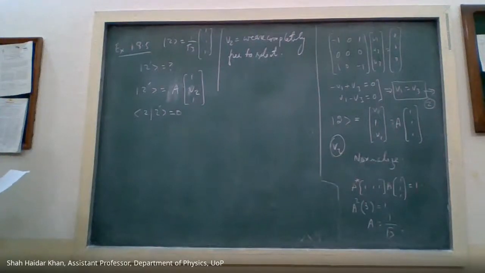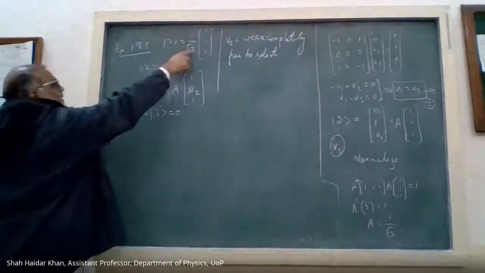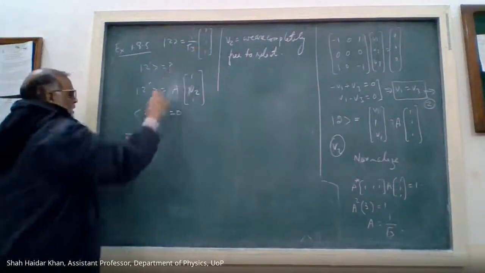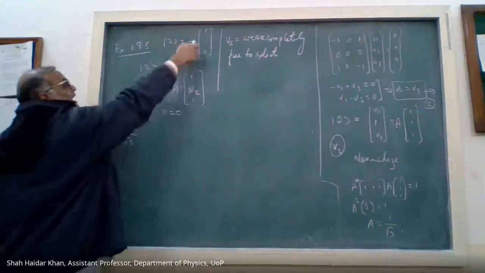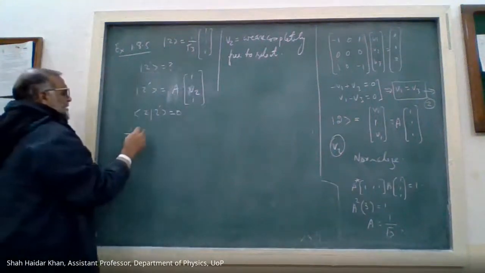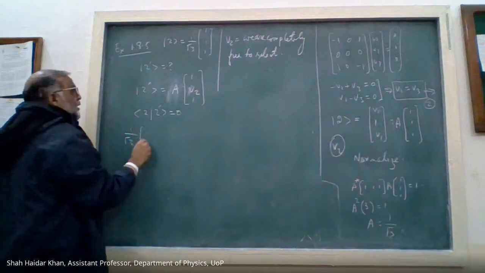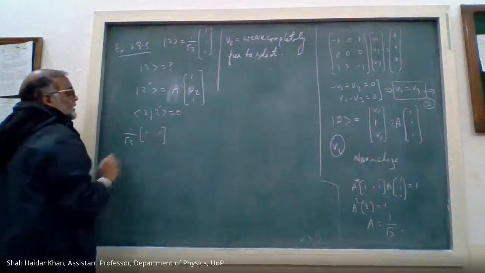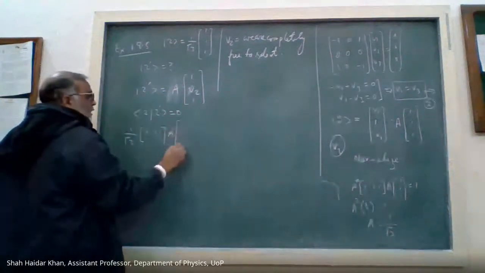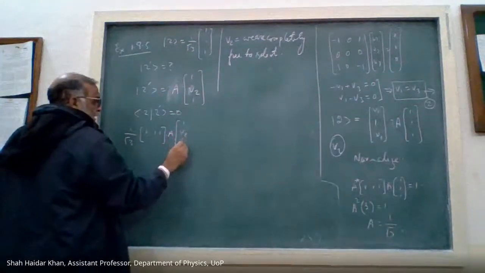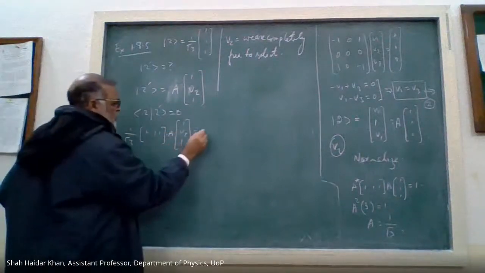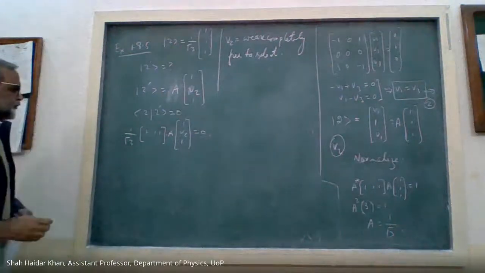When I change it to bra, I take rows into columns, so that will be (1, 1, 1). For 2 prime, I write A, V2, and 1, and that should be equal to 0.